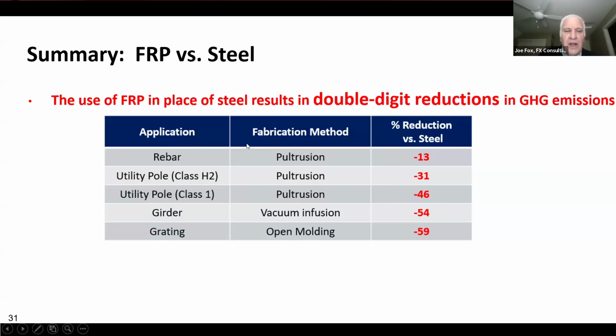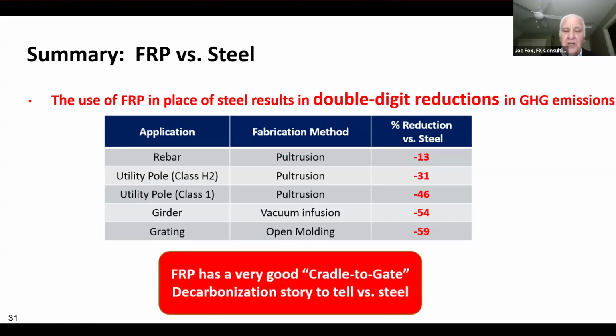That's true for FRP prepared by a variety of different forming methods, and it's even true when FRP is compared to recycled steel. So the take-home message from this portion of my talk is that FRP has a very good cradle-to-gate decarbonization story to tell versus steel.